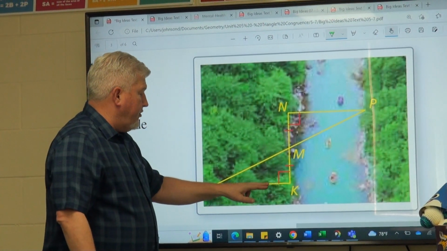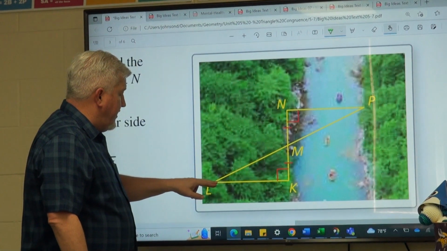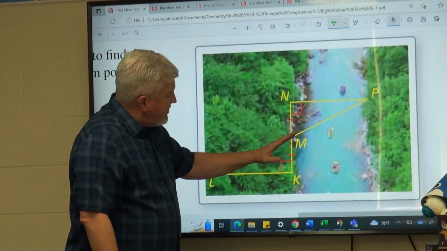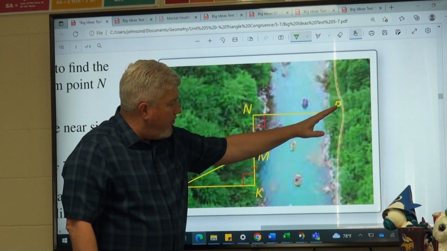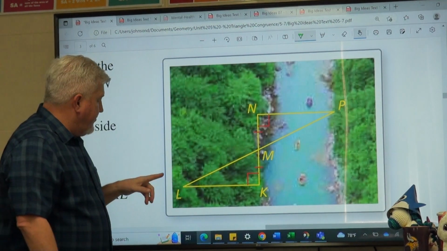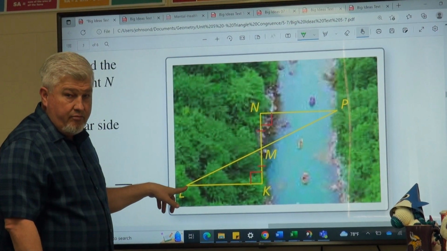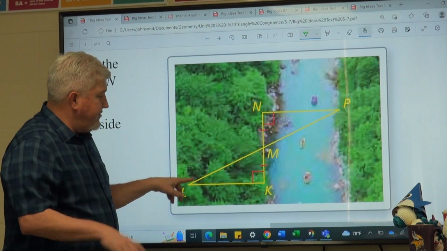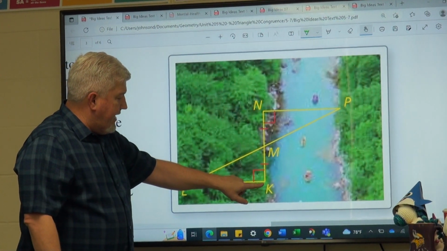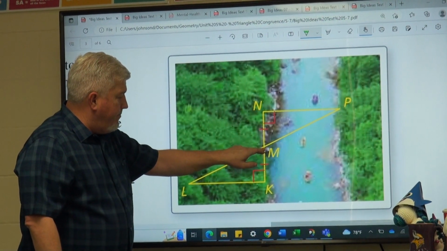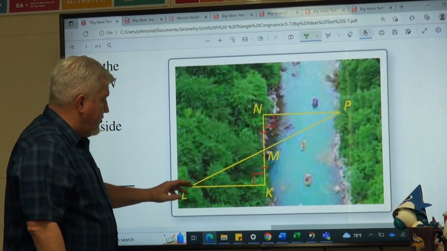So you keep walking, you're looking, you're walking, you're looking, until when you look back, you see that stake and that landmark are in alignment. And when that is the case, you stick one more stake in the ground at L. 4 stakes: N and K, halfway between them is M, and then 90 degrees away until you get these in alignment.